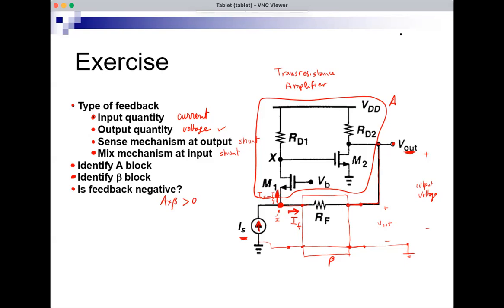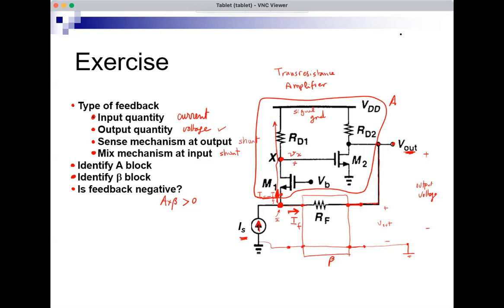It flows in the MOSFET like this. This is signal ground when you're talking about signals, to produce a voltage Vx. So Vx between this node and the input quantity, I have a plus sign.